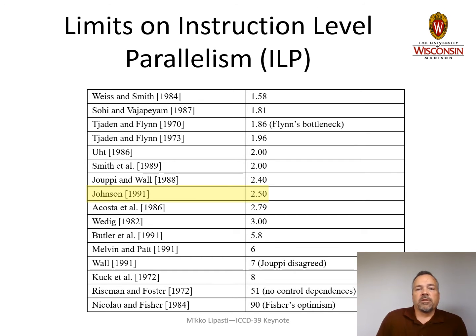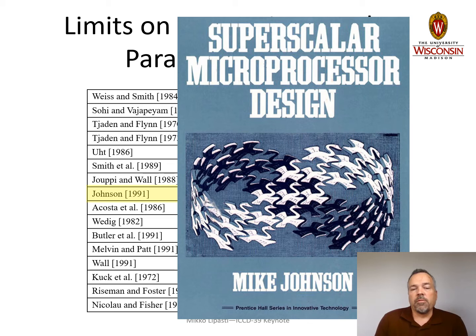Now, there's one particular study here, Mike Johnson's study from 1991, that claims the number is about 2.5. And to those of us who were active in the processor design community in the 1990s, we're all probably familiar with Mike Johnson's very famous book, Superscalar Microprocessor Design. I think every CPU designer in the industry, as well as every grad student, had a copy of this book, and I know mine was heavily marked up.